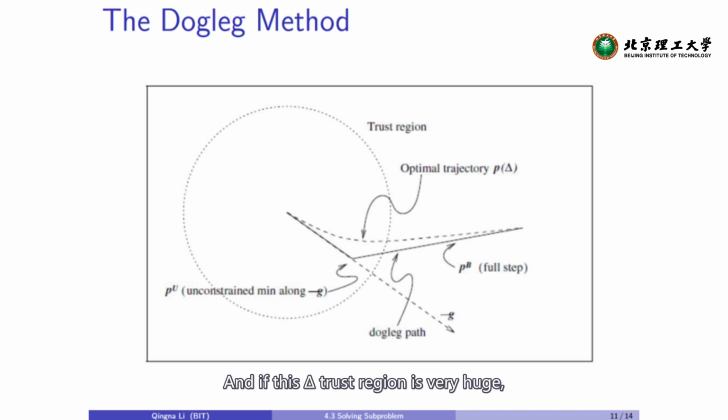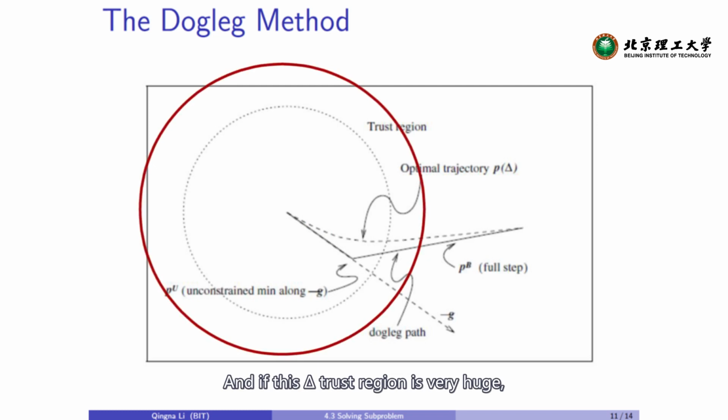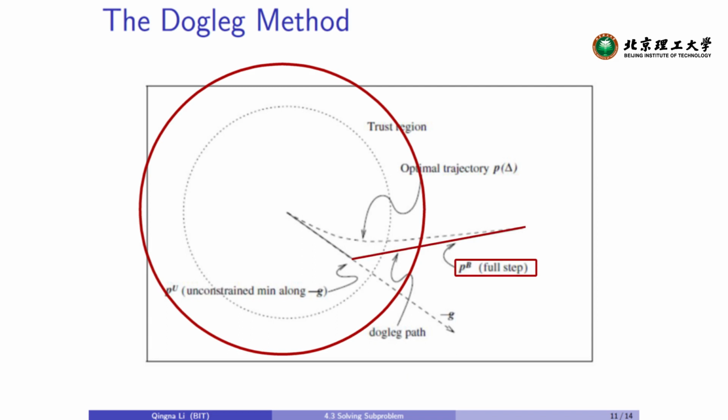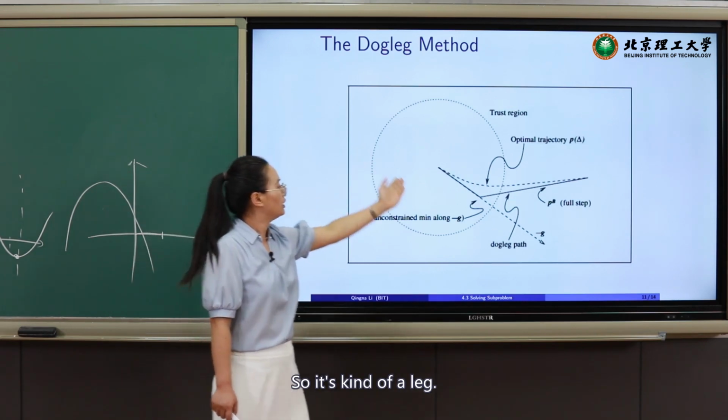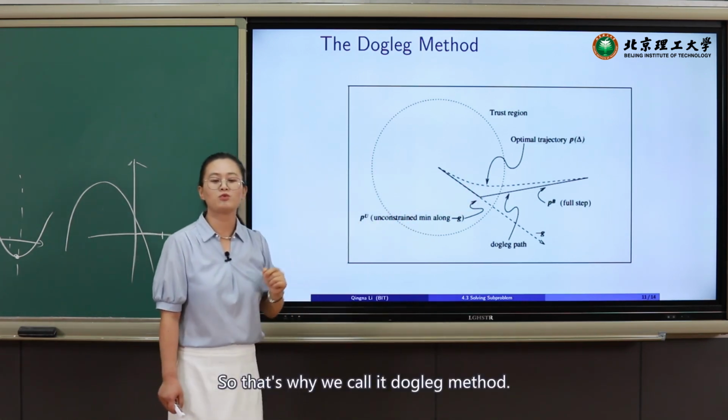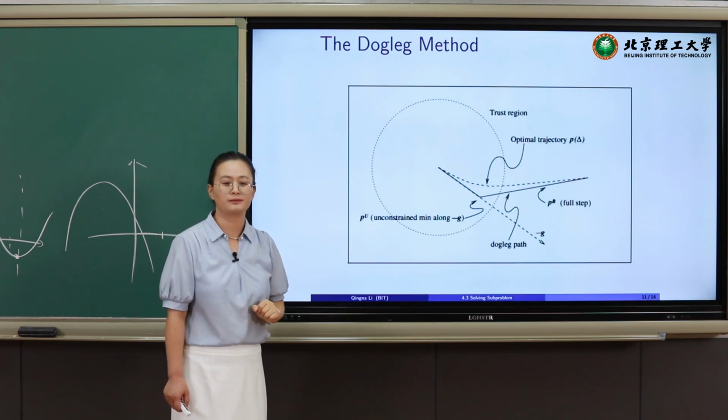And if this delta trust region is very huge, then we just take the full Newton step, okay? Between the two sides, we use a dogleg shape, or two line segments, to approximate the optimal trajectory. This becomes the dogleg method. It's kind of a leg, all right? So that's why we call it the dogleg method.